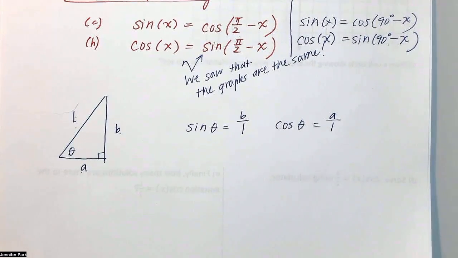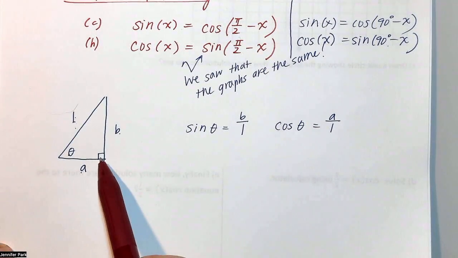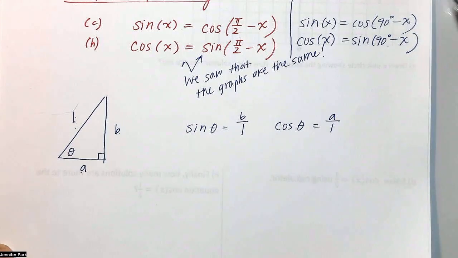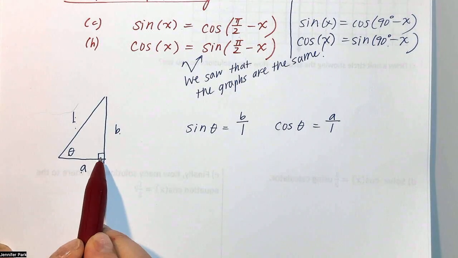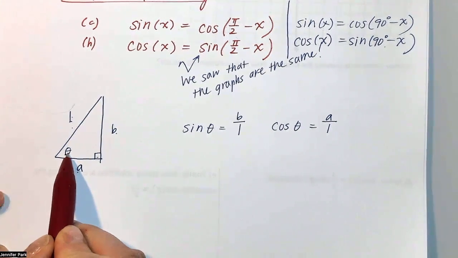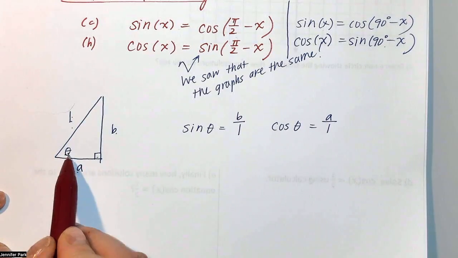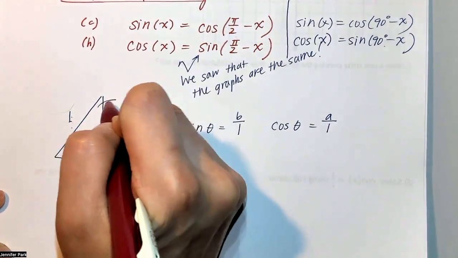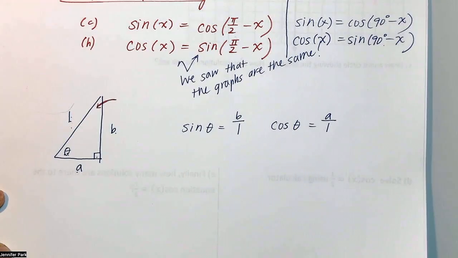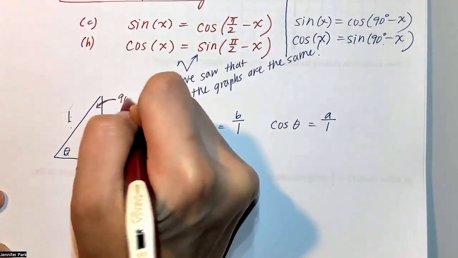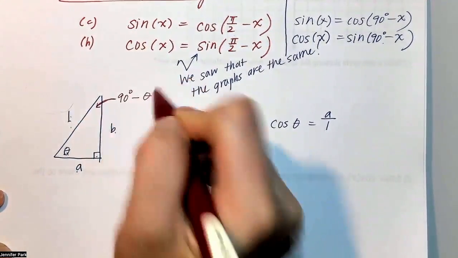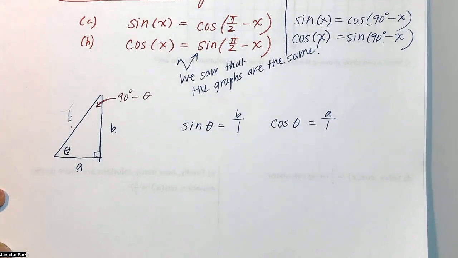Now, because this is a right triangle, if that's 90 degrees and that is some angle, we don't know it, but it is an angle, then we can say that this missing angle is going to be 90 degrees minus that unknown, right?